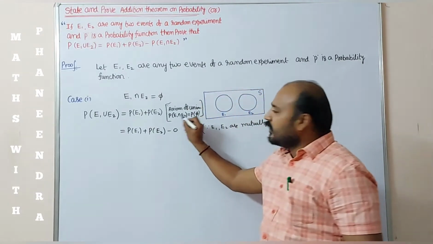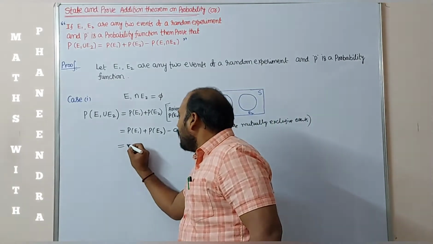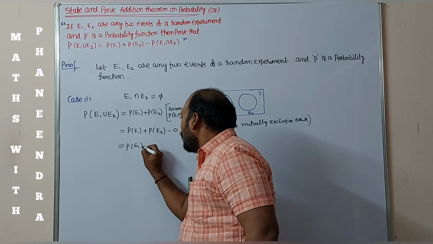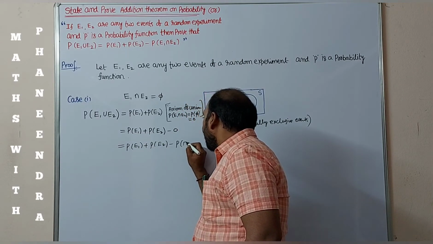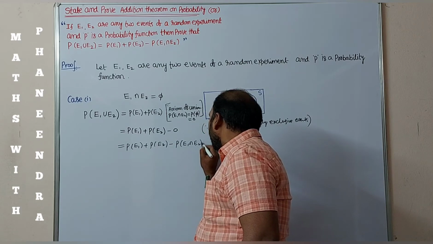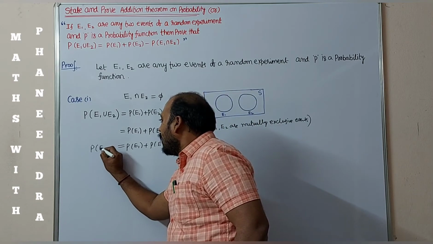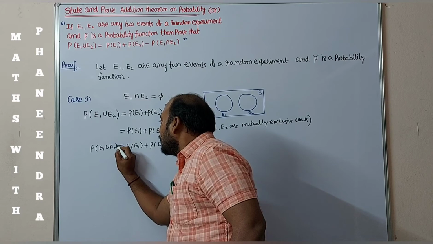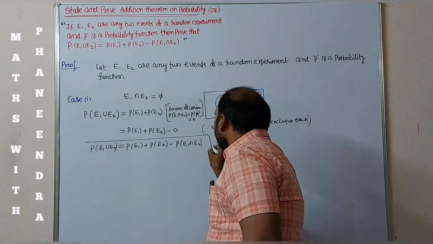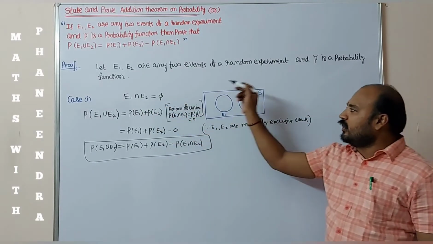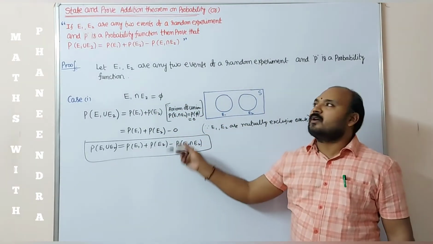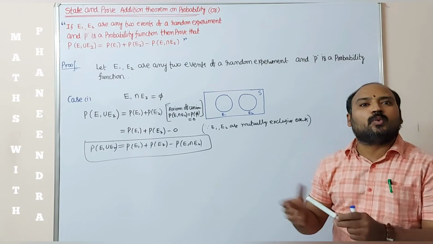So in place of 0, we can replace with this. So P of E1 plus P of E2 minus P of E1 intersection E2. In case 1, when E1 intersection E2 equals phi, the statement was proved.